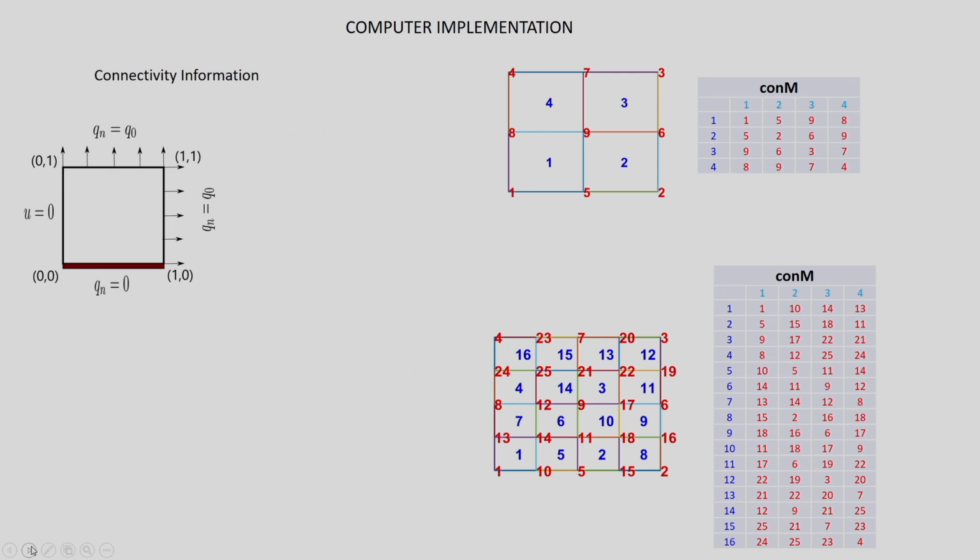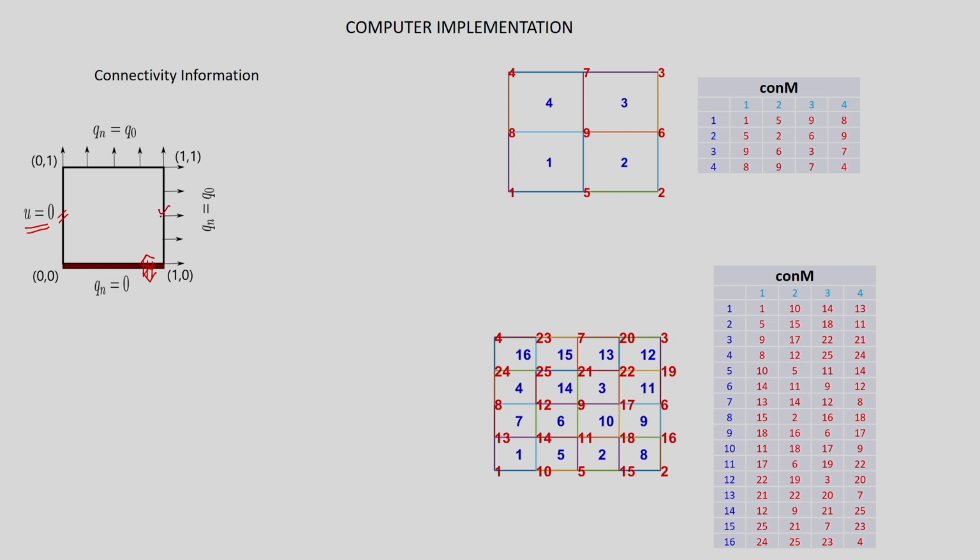Let me define the problem first. We have taken the same problem that we solved in an example. There we took two triangular elements to solve the problem. Here we will take the quadrilateral element. The domain is a square domain of side 1, the left side is having a Dirichlet boundary, that is u equal to 0, and the bottom side is insulated, so there is no heat interaction between the domain and the environment.